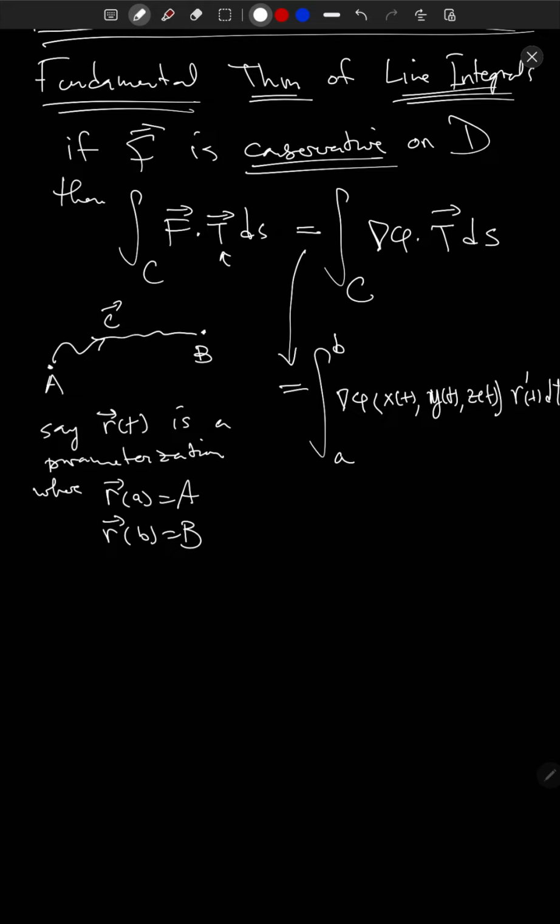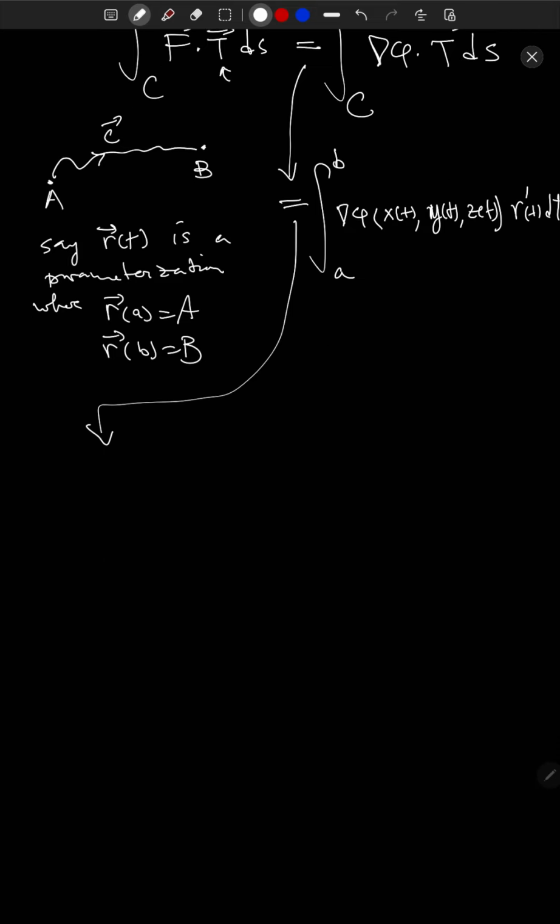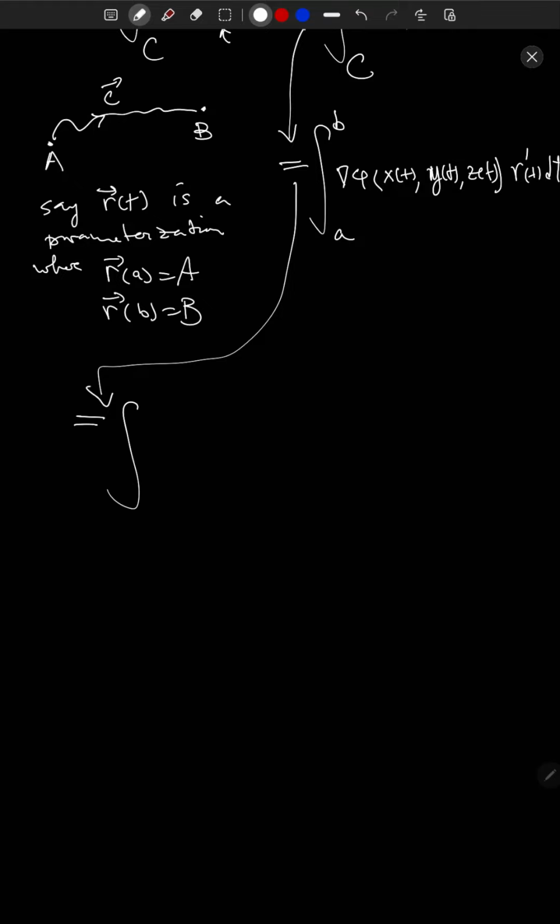Remember, in the last section we said that when you calculate a line integral of a vector field, it turns out fairly simple. There's no speed term, the absolute value of r prime. Now this looks absolutely terrible, but let's rewrite it down here, from a to b. What is gradient phi?